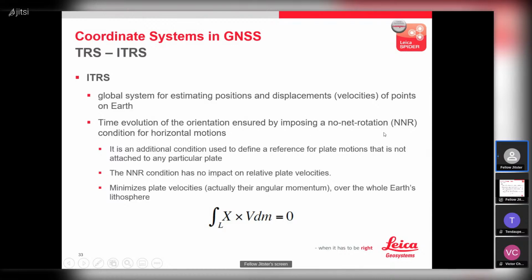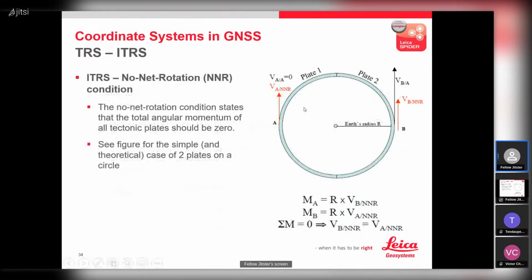And in order to be able to actually estimate these velocities, there is something called no-net-rotation. This is some kind of additional condition which is used in the realization of ITRS. And basically, this no-net-rotation somehow tries to deal with the problem of the global tectonics.